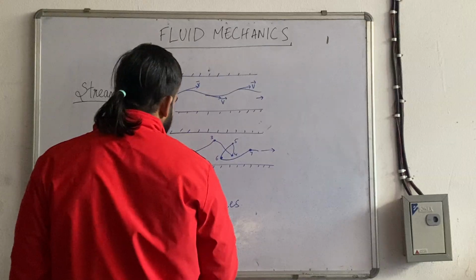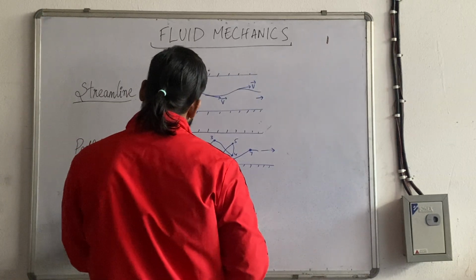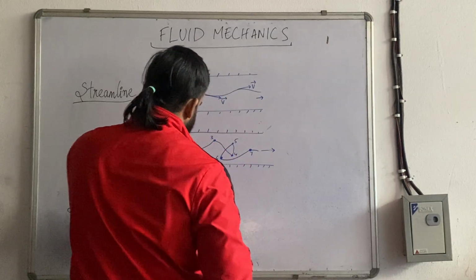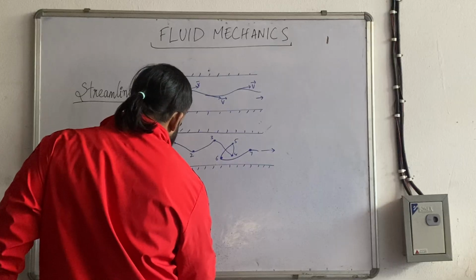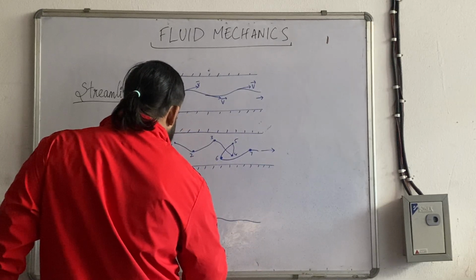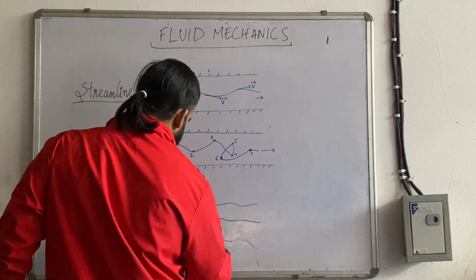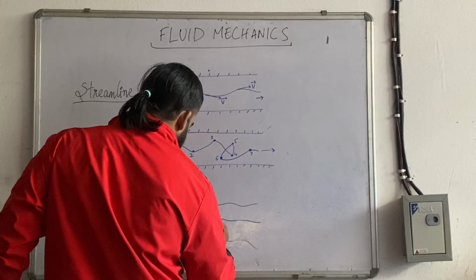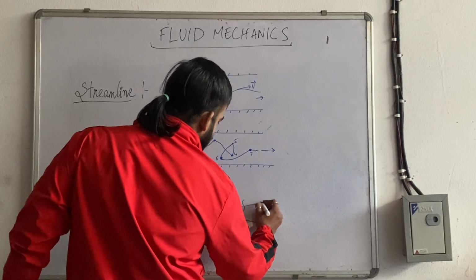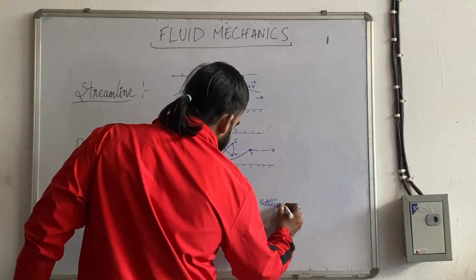By converging these two types of lines, that is path line and streamline, we can generate a flow net, which can also be seen in the figure.